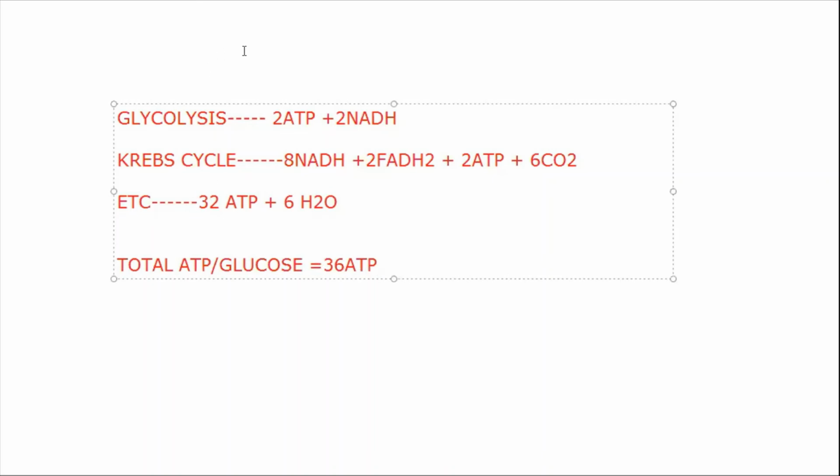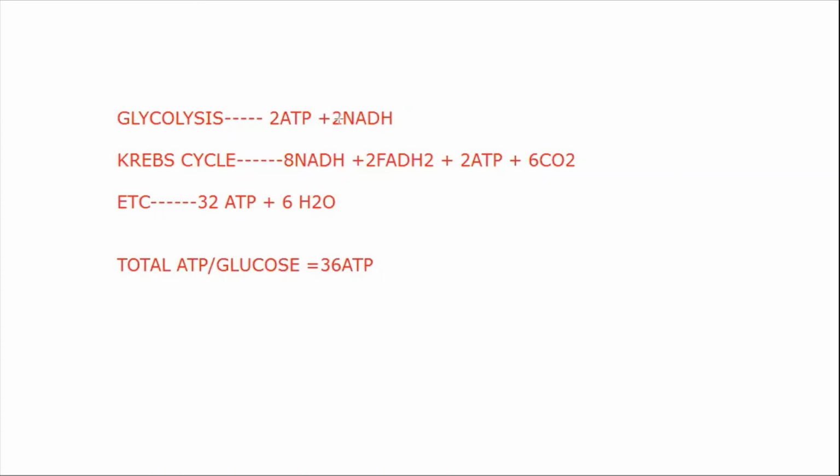Here, how 32? Simple. 2 plus 8, 10 NADH, and you know that each NADH equals 3 ATP, so the total will be 30.